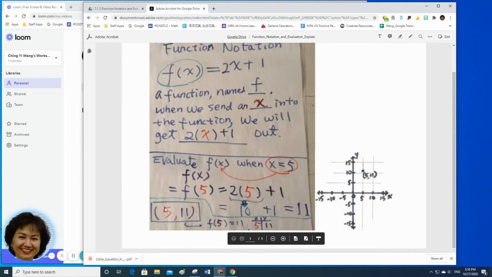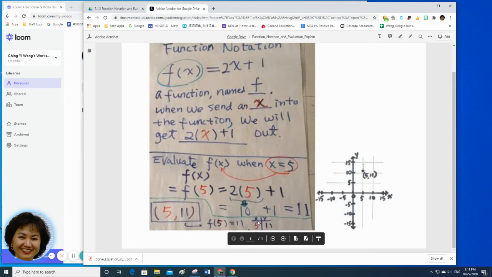You can write that input, output as a point like this one, that's 5 is the input, 11 is the output. Or you can say f of 5 is 11.